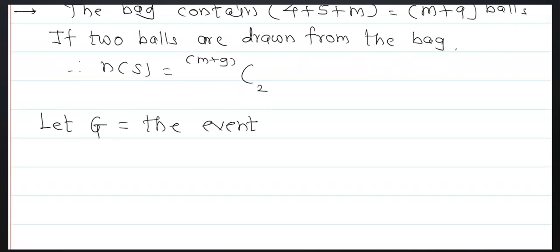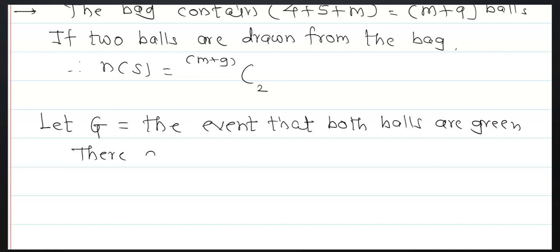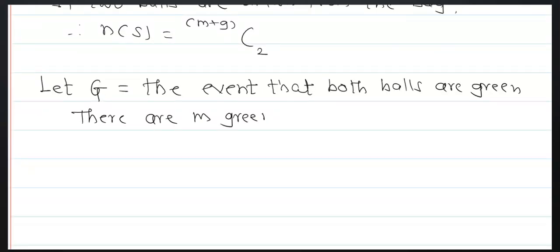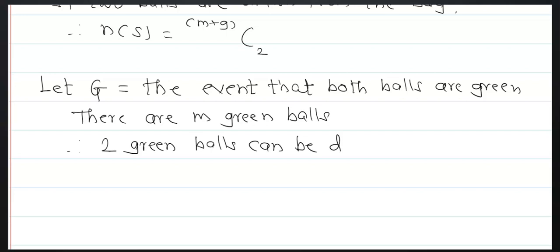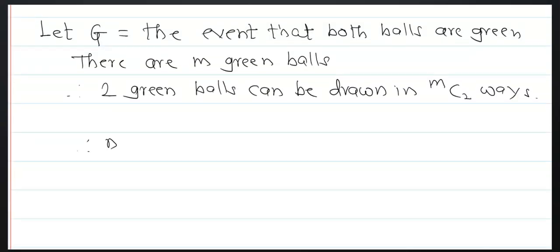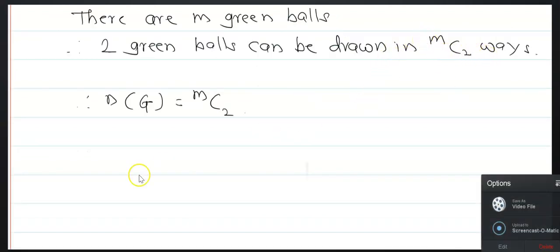G is the event that both balls are green. There are m green balls. Two green balls can be drawn in mC2 ways. Therefore, n of G is equal to mC2.